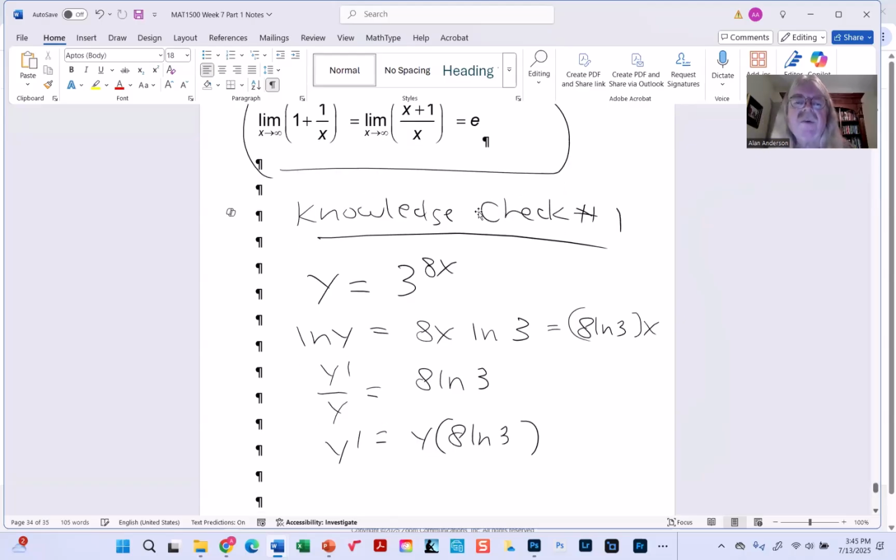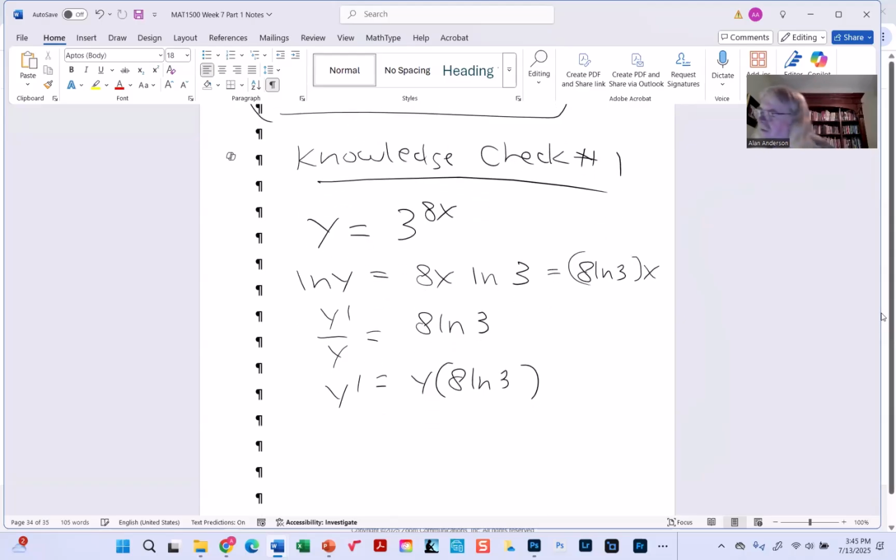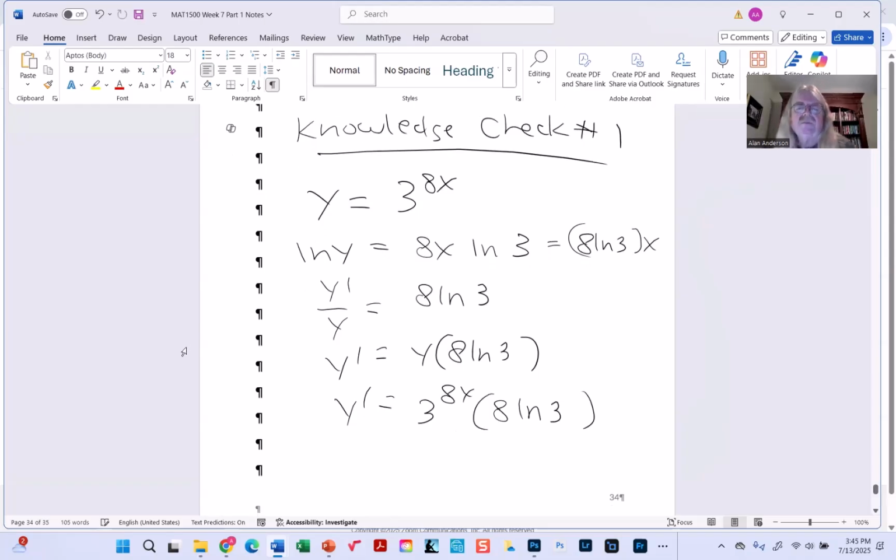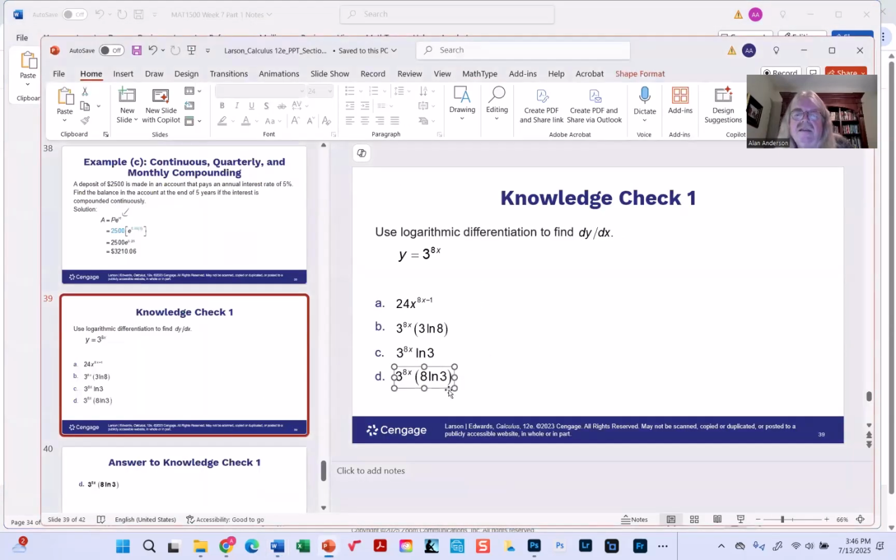And then y itself, remember, we originally defined it as 3 to the 8x. And then we're done. That would be D.